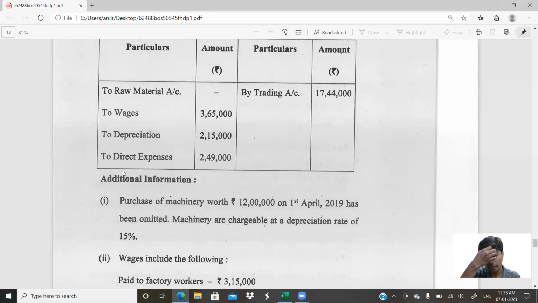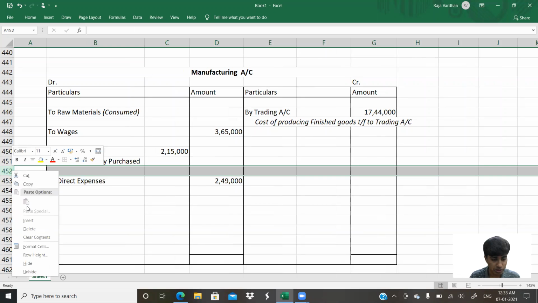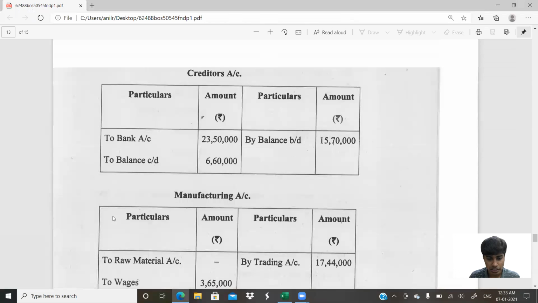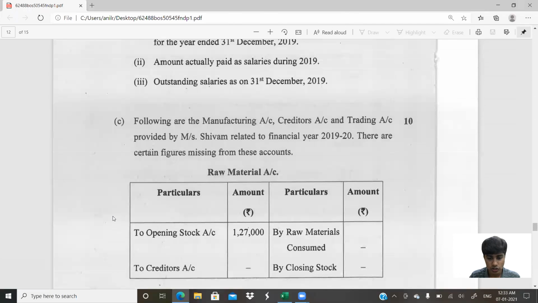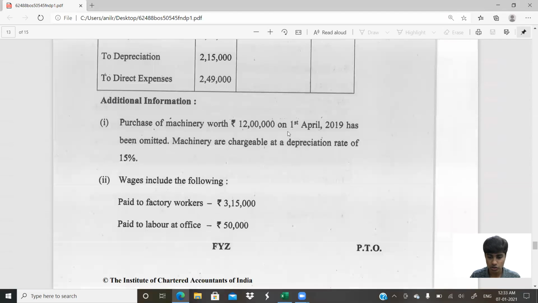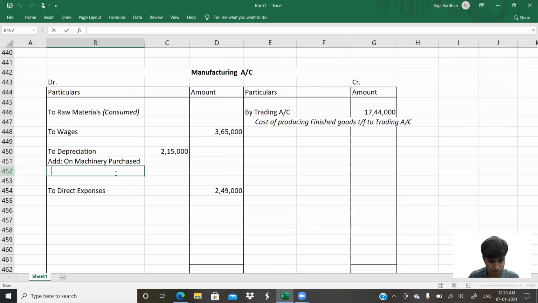That is going to be 12 lakh into 15%. What is our year end? Is our year end 31st March? Have they told anything? I'll assume my year end to be 31st March. Yeah, financial year 1920. So 1st of April 2019 we purchased. Entire year depreciation we would have to give. So 12 lakh into 15%.